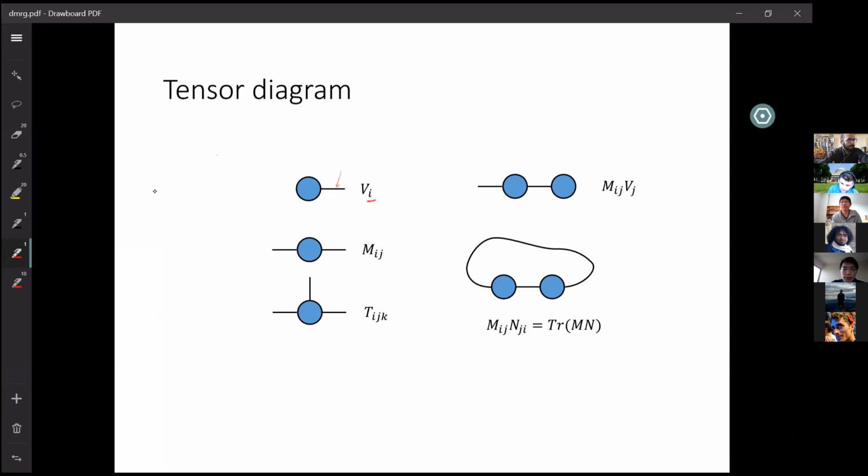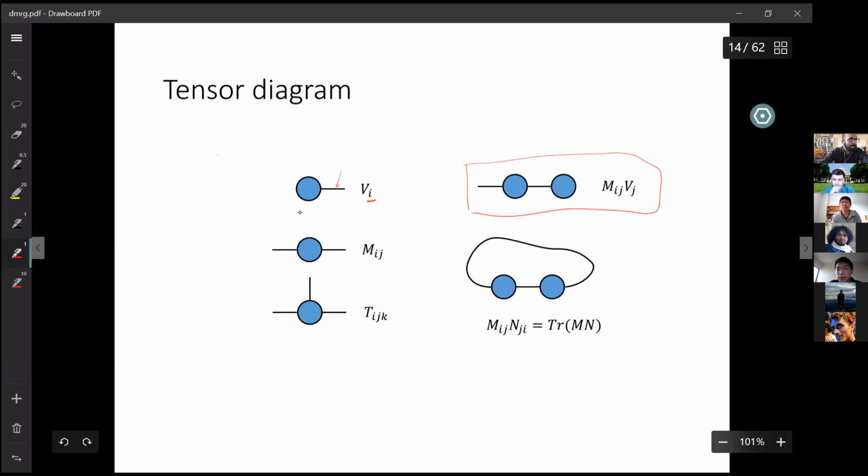Okay. So now you see here, this is a matrix because it's a tensor with two indices, and you can also have more indices that give you a higher rank tensor. And here we define the tensor contraction. When we connect the two lines coming out of two tensors, what we mean is an Einstein summation over the connected indices.